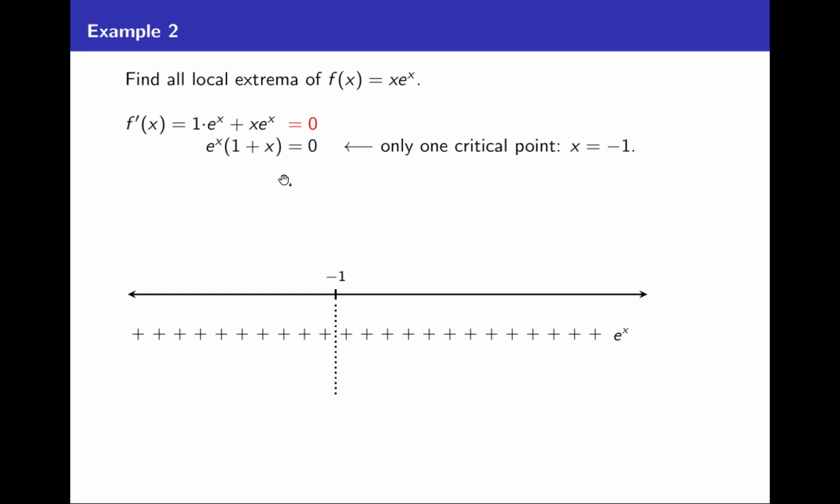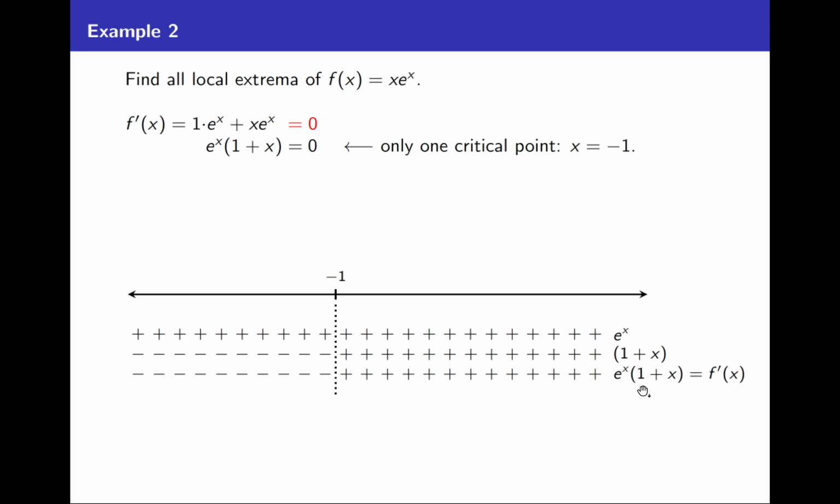And the other factor, 1 plus x, it's positive when x is greater than minus 1, and otherwise it's negative. So our derivative, f prime of x, which is e to the x times 1 plus x, on the right-hand interval, it's a positive times a positive, so it's positive. On the left-hand interval, it's positive times negative, so it's negative. And we see right here, at that critical point, the derivative changing from negative to positive.